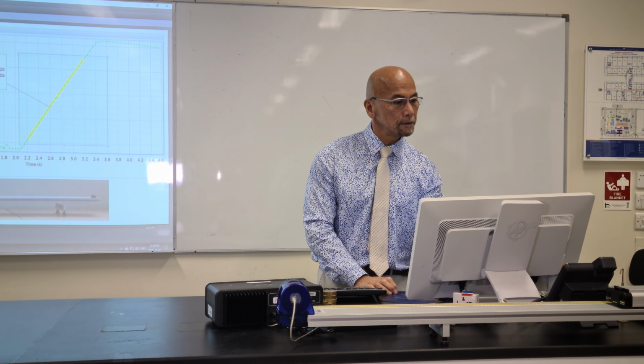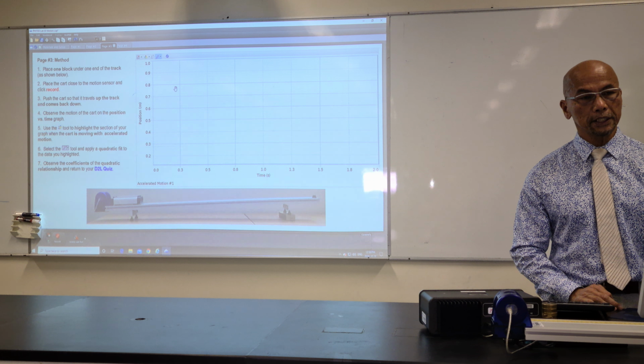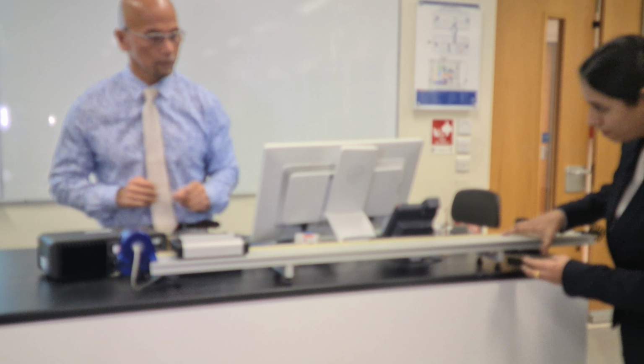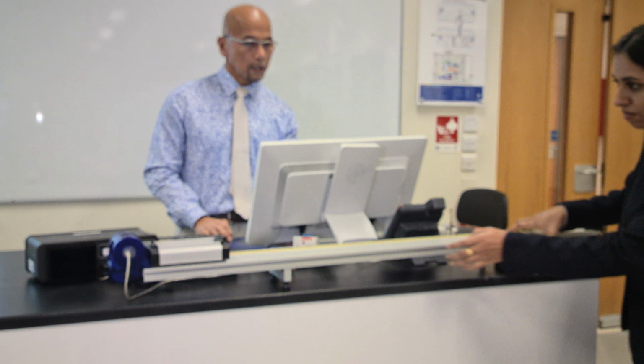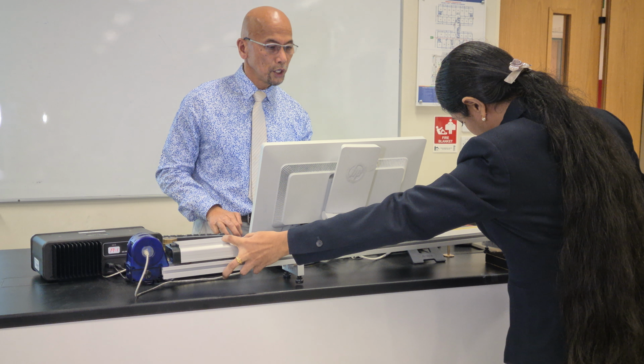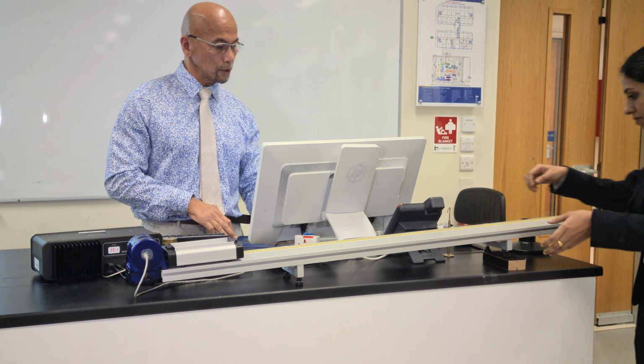Page 3. This time we're going to tilt the track. Now what we're going to do is give it a push and let it come back on its own.